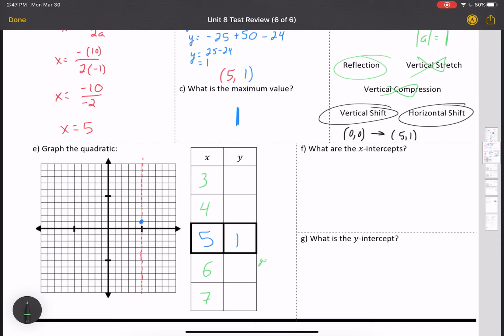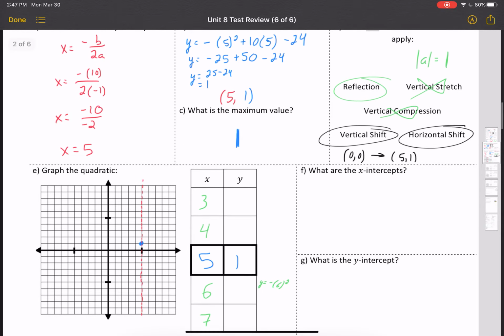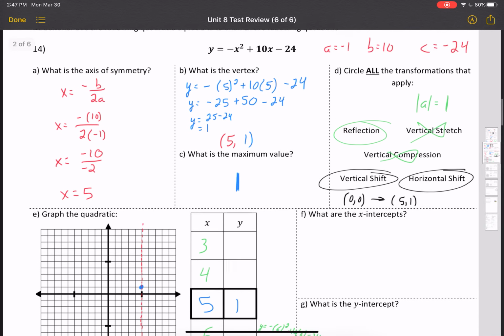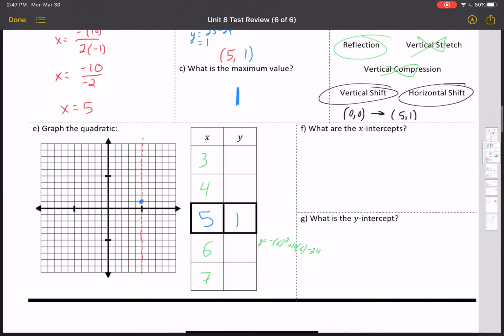So y equals negative, and then parentheses 6 squared, plus 10, and then I put the 6 again, minus 24. That's what we're dealing with, right? Okay, so I'm going to plug that in exactly as I see it into my calculator. And you'll see that I get out 0.